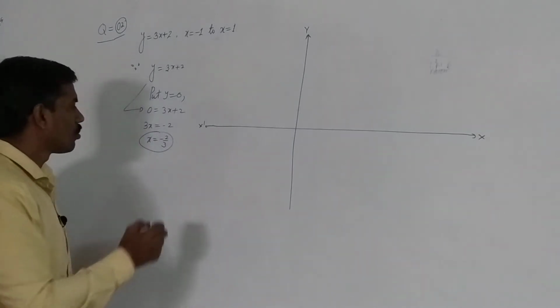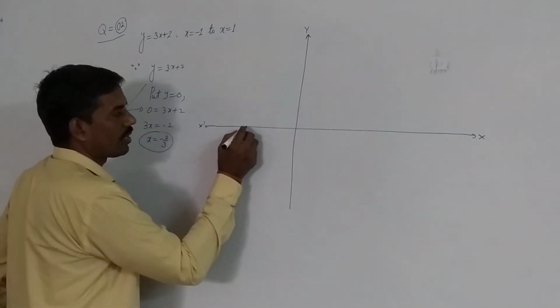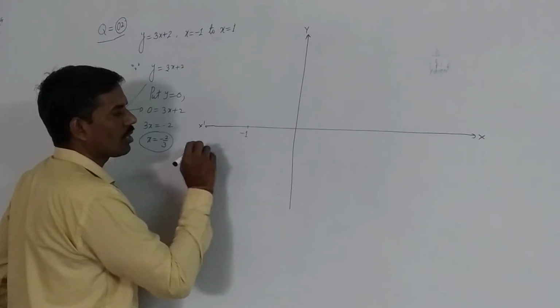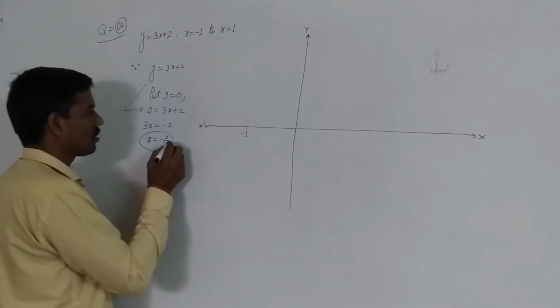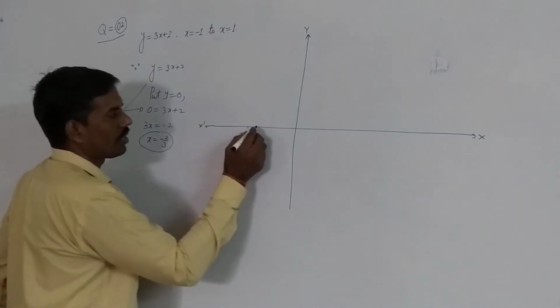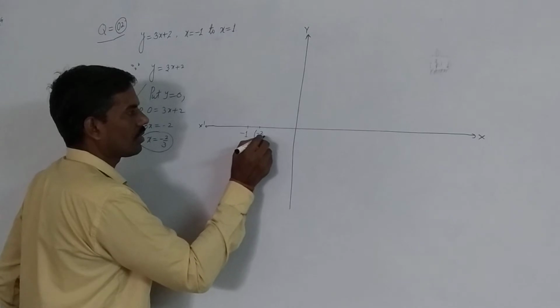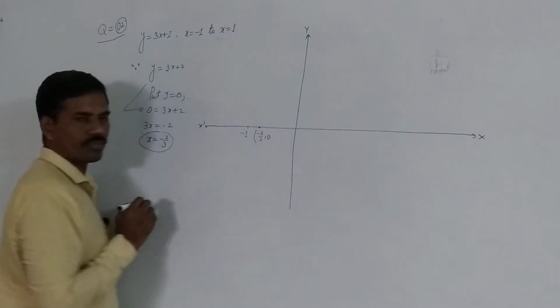Since minus 2 by 3 is greater than minus 1, let this one be minus 1, and this one is minus 2 by 3 and 0.